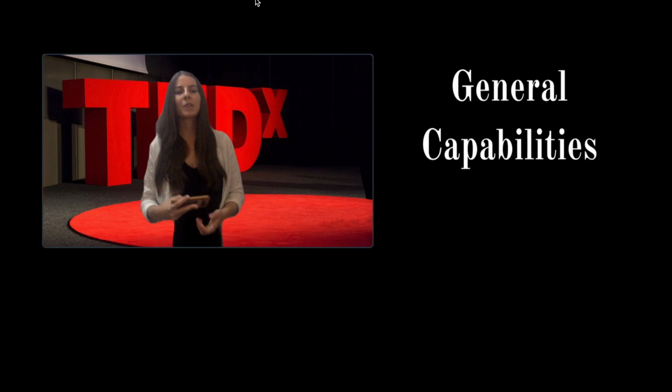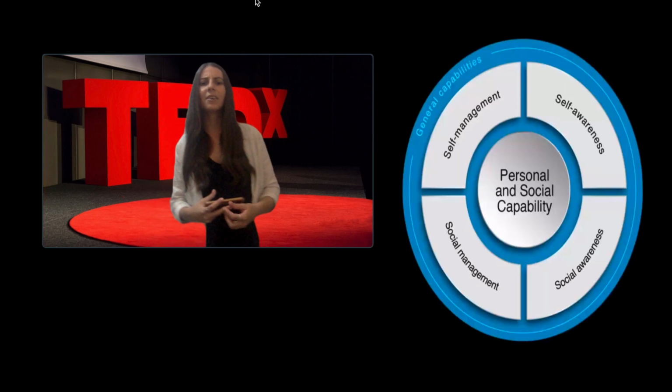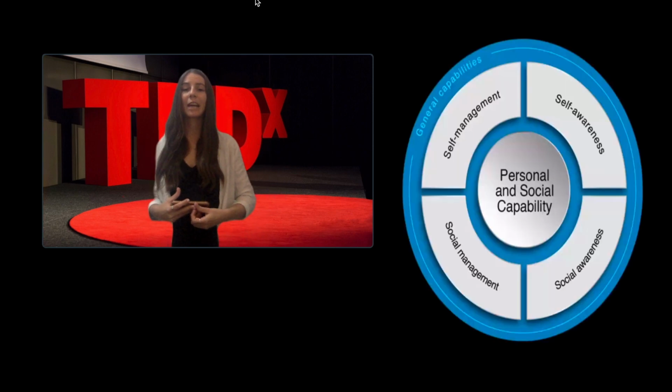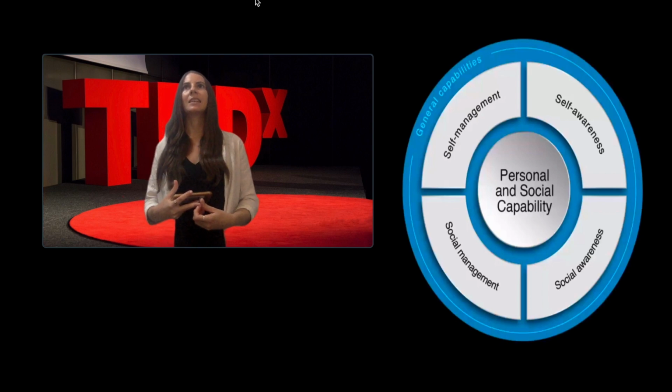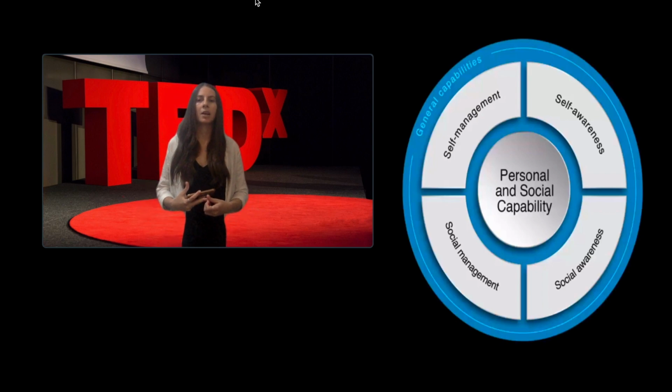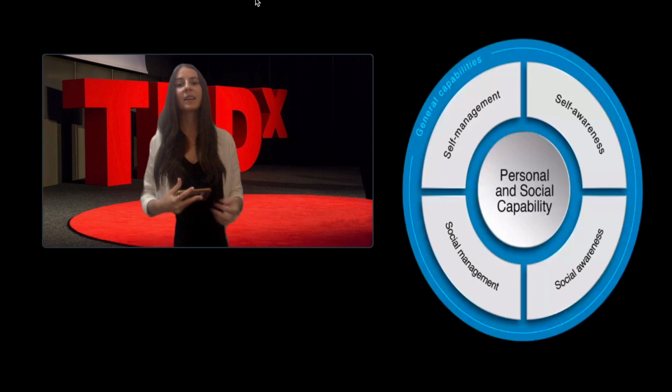Talking more about the general capabilities, we see that personal and social capability is really fostered when we use ICT in the classroom as group work.